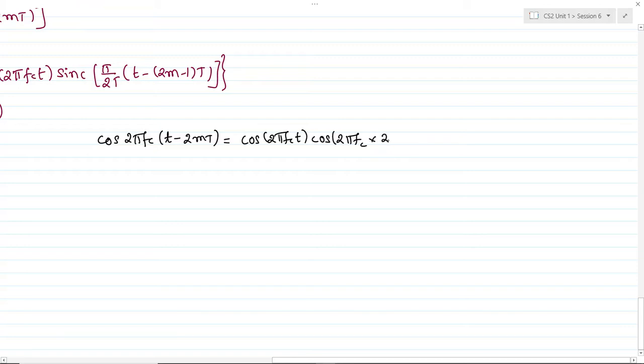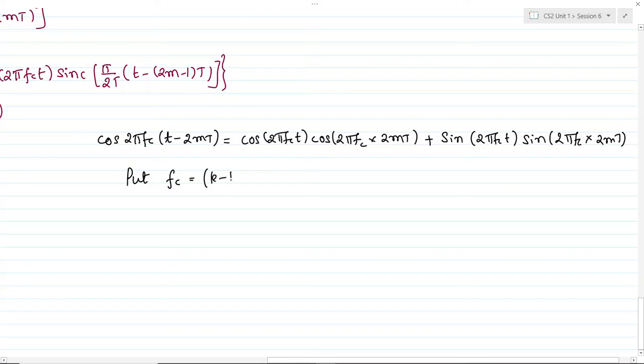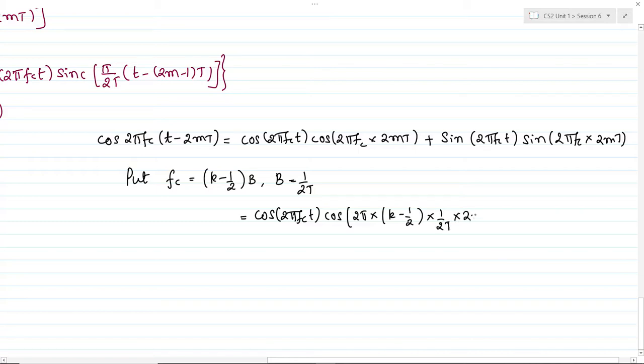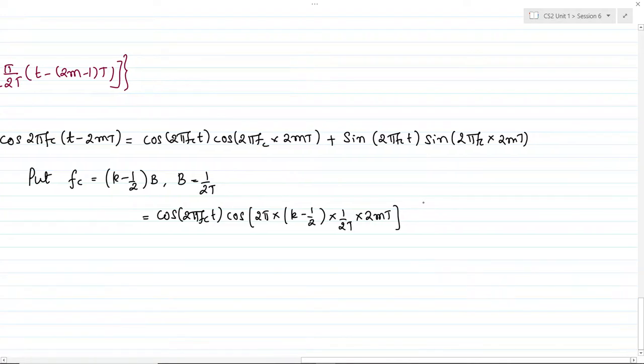And we know that fc can be substituted. We know that fc is k minus half times b, where b is 1 over 2t. So the left hand side becomes cos of 2 pi fct times cos of 2 pi times k minus half times 1 over 2t times 2mt. Similarly, for the second half, sin 2 pi fct times sin 2 pi times k minus half times 1 over 2t times 2mt.